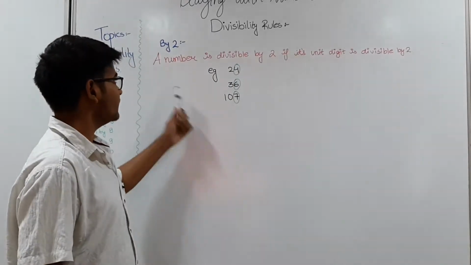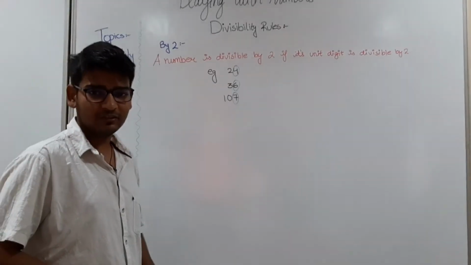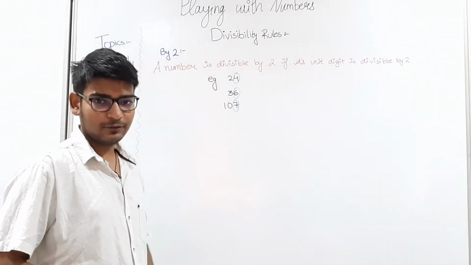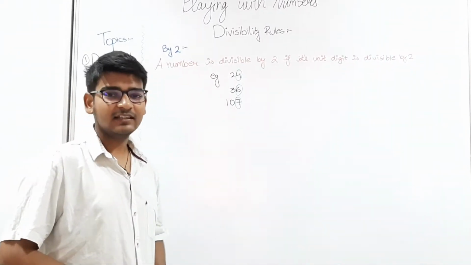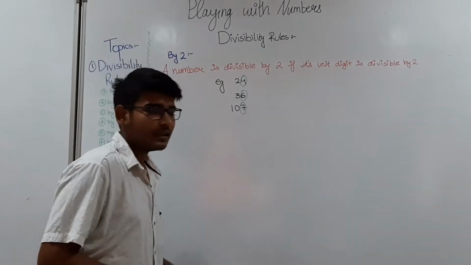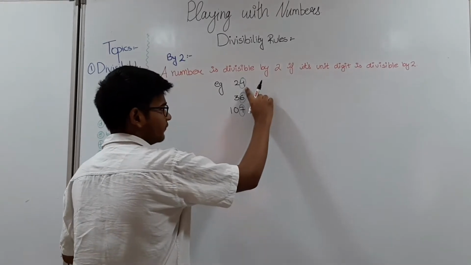According to the divisibility rule for 2, a number is divisible by 2 if its unit digit is divisible by 2. That is, if the number is even. Let us take the example of 24. Here, the unit digit is 4.